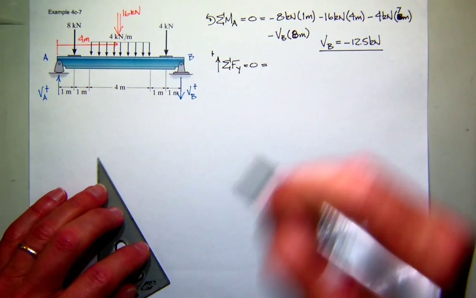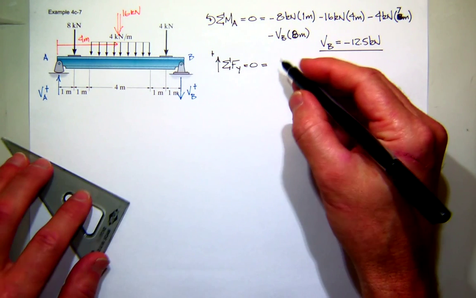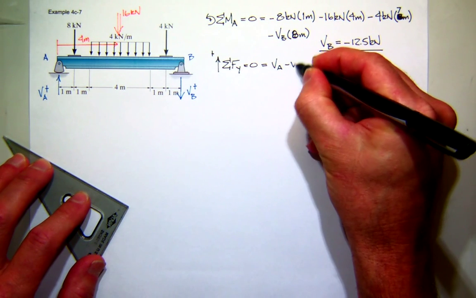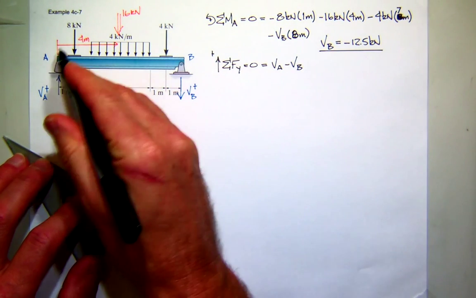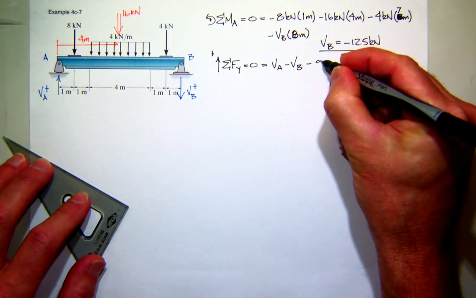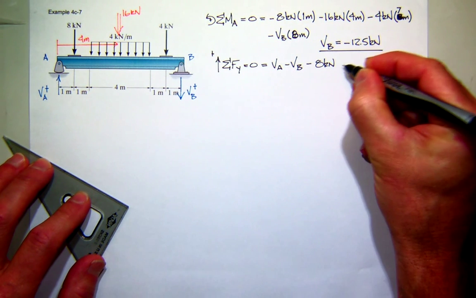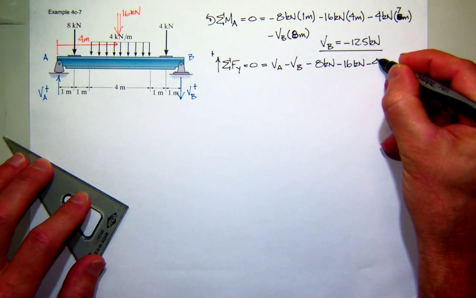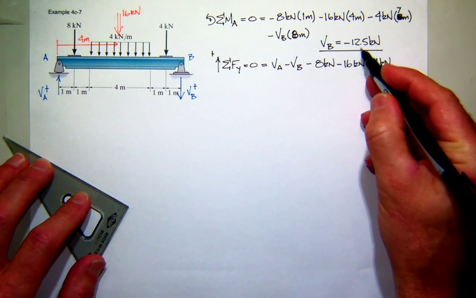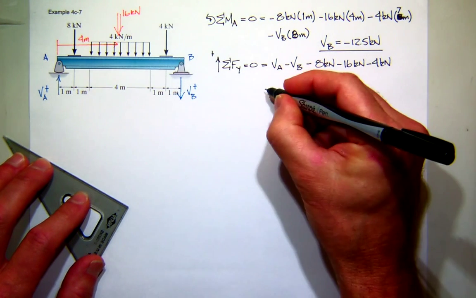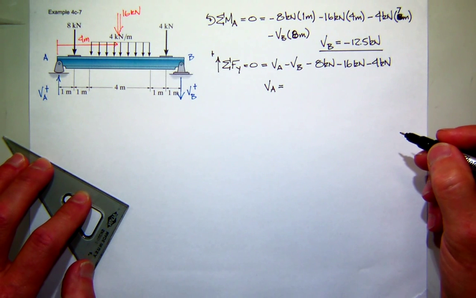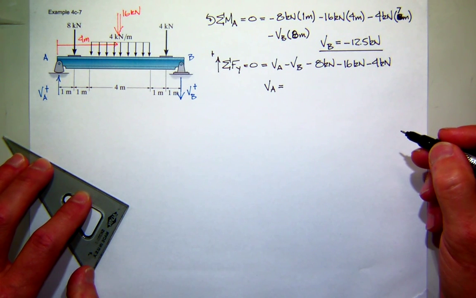Okay. All right, so let's sum forces in the y direction. I got my shear force at A acting up. I've got my shear force at B acting down. And then all these other forces are down. So I've got minus 8 kilonewtons, minus 16 kilonewtons, and minus 4 kilonewtons. Now remember, the shear at B is also negative, so what's my shear at A? 40.5.